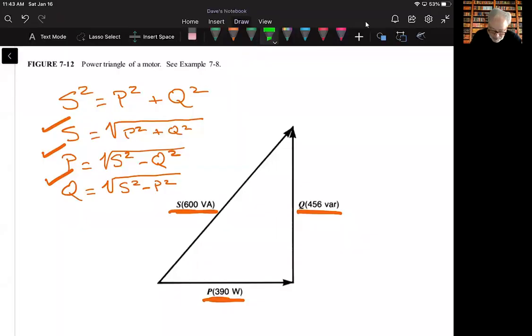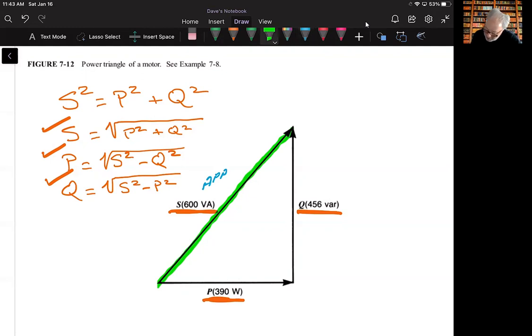This right angle triangle relationship, apparent squared equals active squared plus reactive squared, goes back to middle school hypotenuse solving of the right triangle. This would be our hypotenuse, and we call that our apparent power. It's abbreviated with the S, of course.